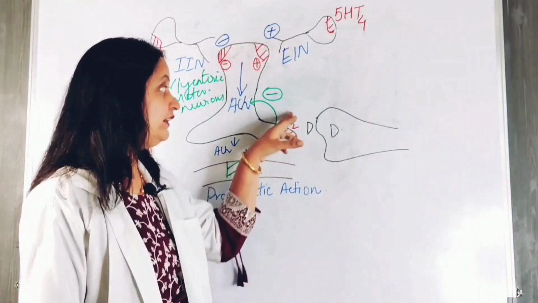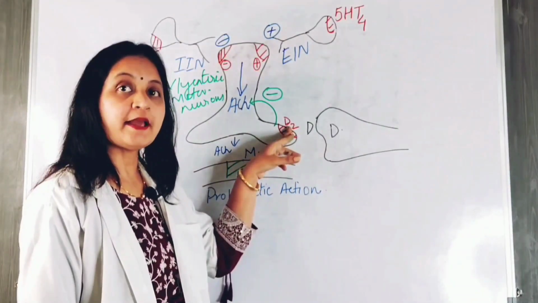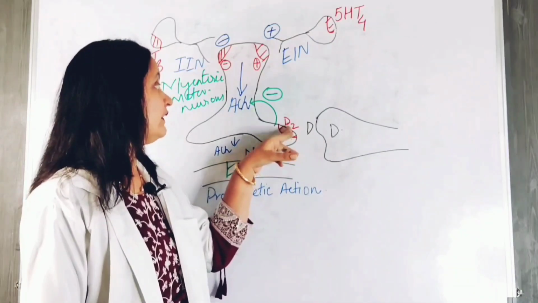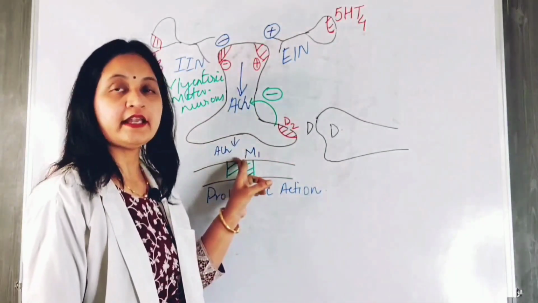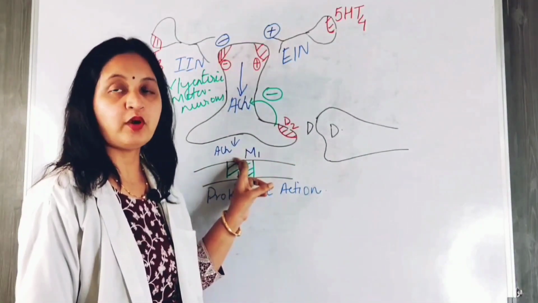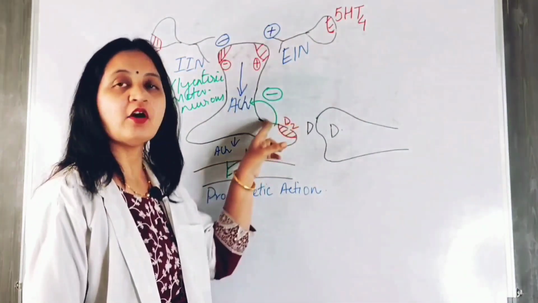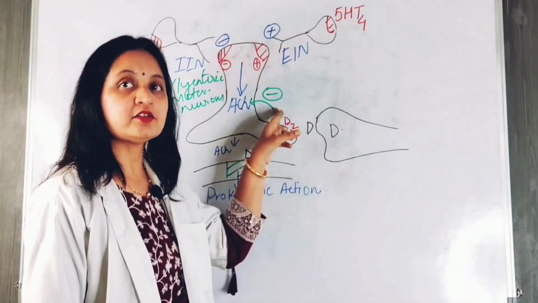Therefore, drugs that antagonize the dopamine receptors and prevent the action of dopamine on the receptors cause increased release of acetylcholine and enhance the prokinetic effects, because the inhibitory control over the release of acetylcholine is lost.